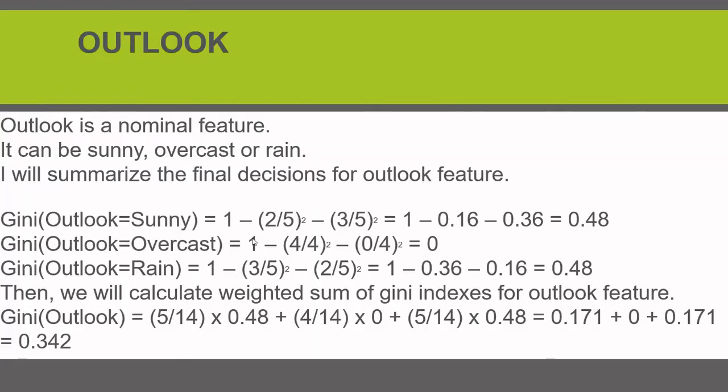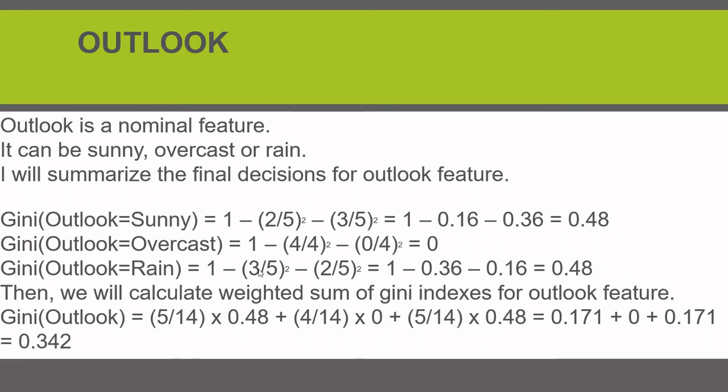So when outlook is equal to sunny, 1 minus 2 by 5 whole square minus 3 by 5 whole square. The value comes out to 0.48. For overcast, 1 minus 4 by 4 whole square minus 0 by 4 whole square, the value is 0. And for rain, the value is 0.48.